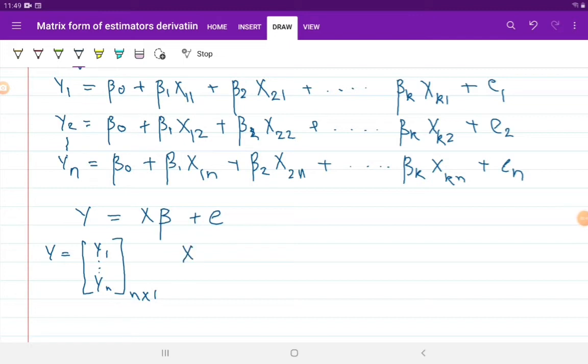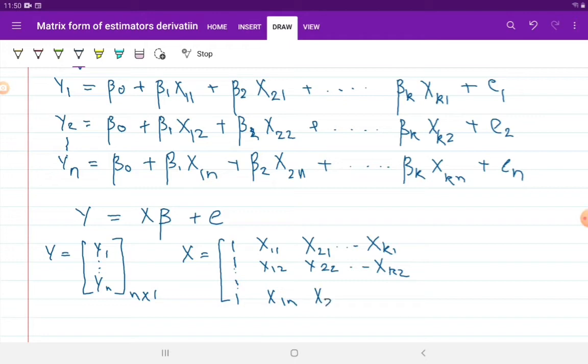Similarly, x represents the matrix of the explanatory variables including the value of the intercept term, which is why you will have 1, x11, x21, and so on, xk1, and the 1 continues, x12, x22, xk2, etc., x1n, x2n, etc., xkn.